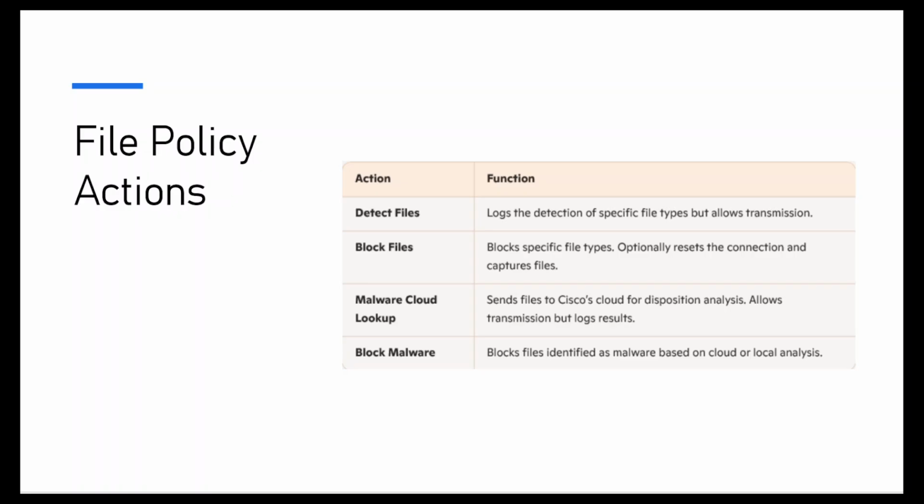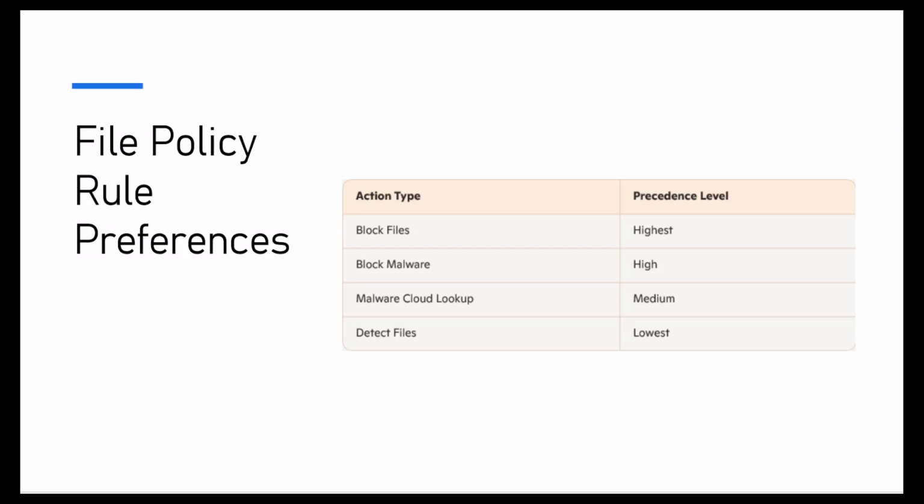Suppose you want to know what files are traveling, so you will use detect files. You will say, okay, I have detected these files. I don't want to allow these files, whether these specific extensions like exe, etc., to flow. Use block files. So you can use these actions as per your need.